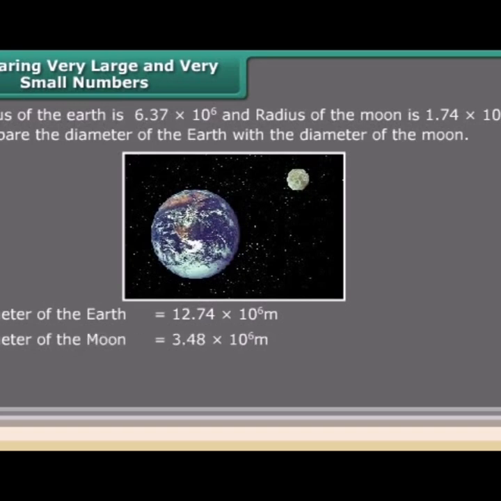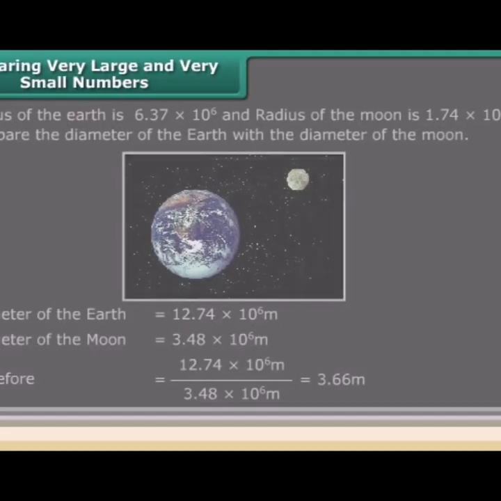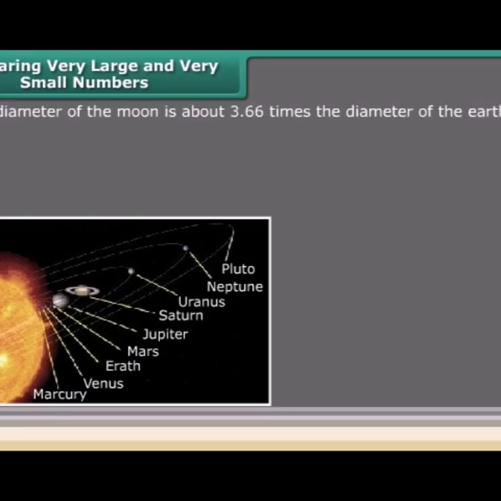Diameter of the moon is equal to 3.48 into 10^6 meters. Therefore, 12.74 into 10^6 upon 3.48 into 10^6 is equal to 3.66. The diameter of the earth is about 3.66 times the diameter of the moon.